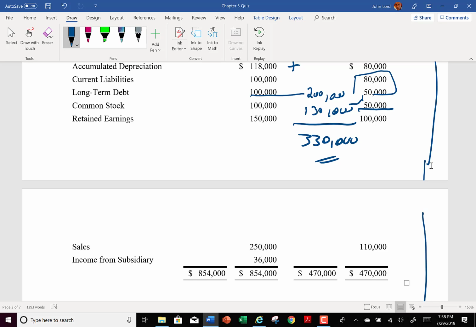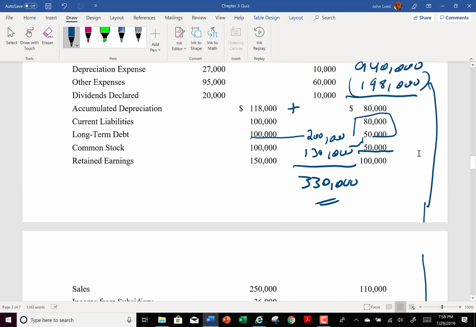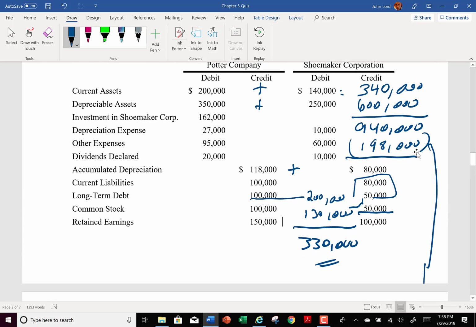They gave me depreciation expense of 10,000. Other expenses you say are 60? Yeah. So I subtract the 110, I subtract the 10, I subtract the 60, I get 40. Net income of 40,000?